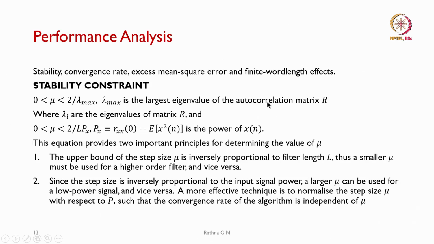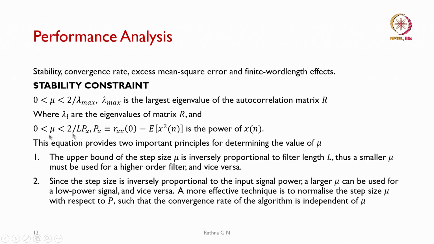We know that computing the autocorrelation matrix and finding its eigenvalues is compute intensive. So, we take the eigenvalues lambda L of our matrix R, take the maximum value, and divide 2 by that value.